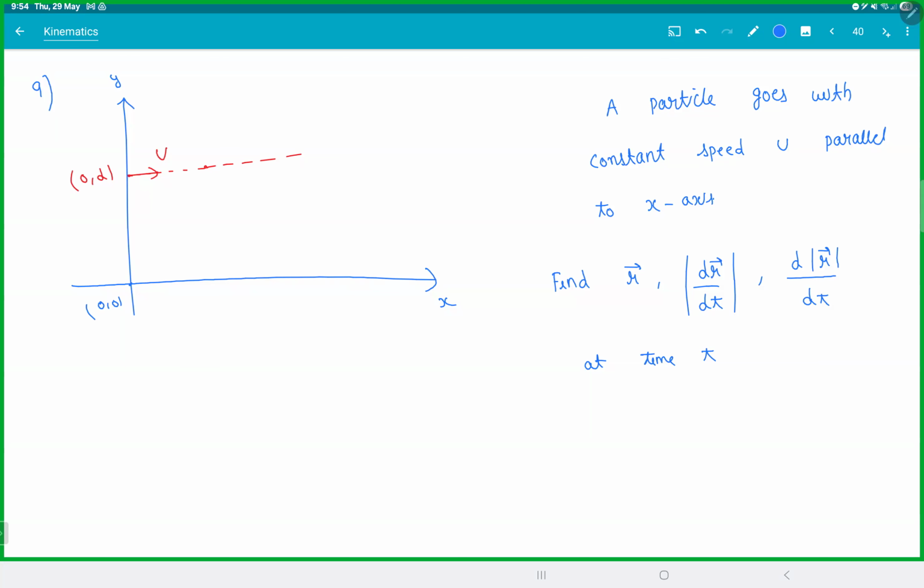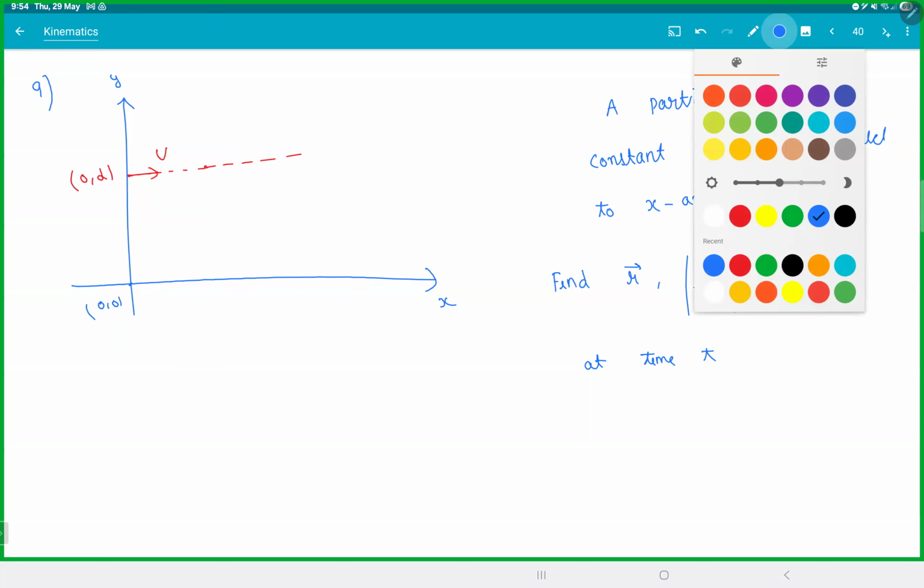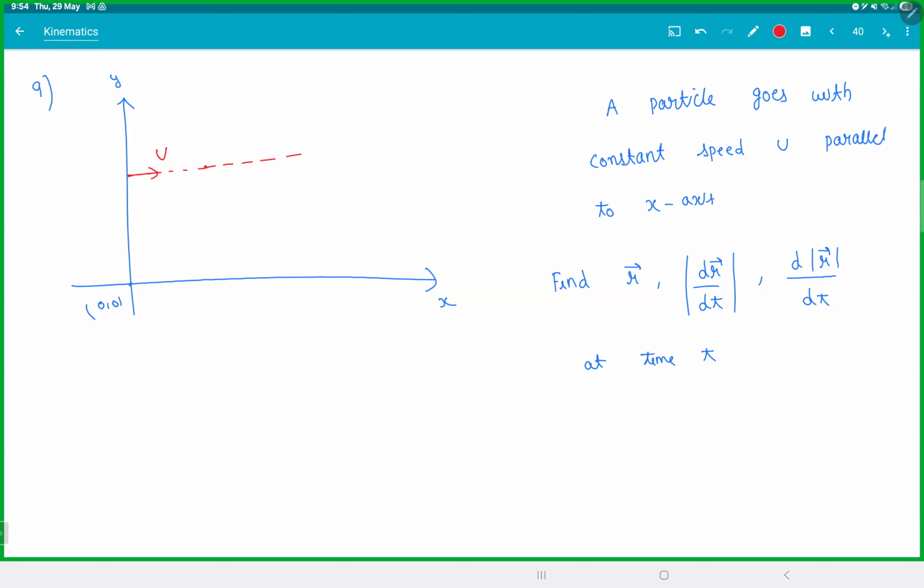Is that alpha or d? 0 comma d. You don't like d, I'll take 0 comma l. Doesn't matter, some coordinate.